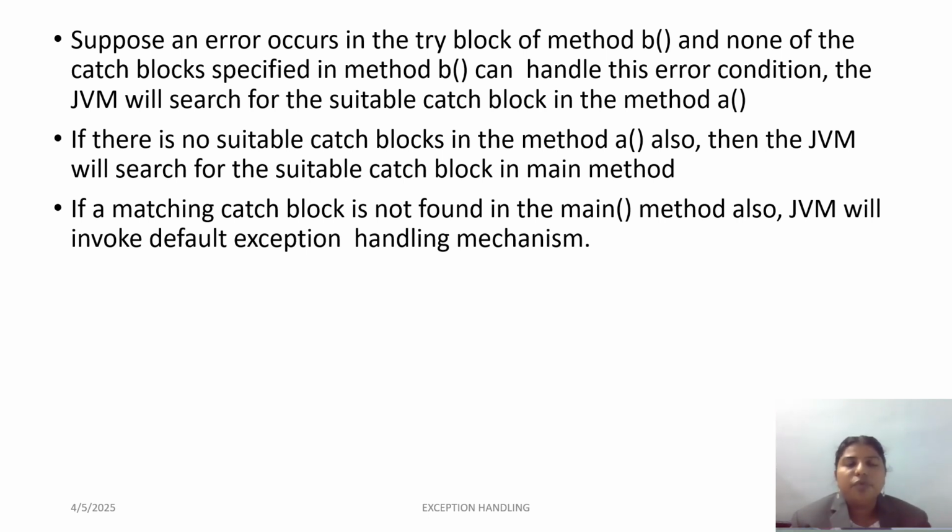The JVM will reach and search for suitable catch blocks in the method A. If no suitable catch blocks in the method A are available, then the JVM will search for it in the main method. If even in the main method the JVM does not identify the catch block, then it will invoke the default exception handling mechanism.